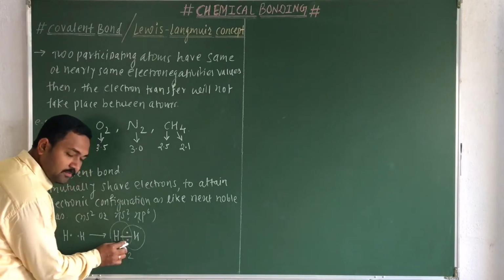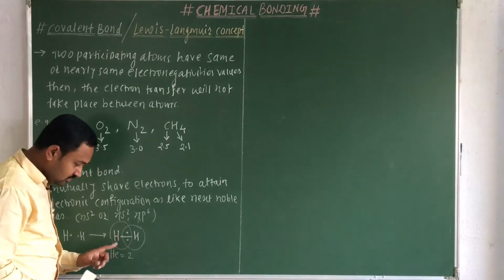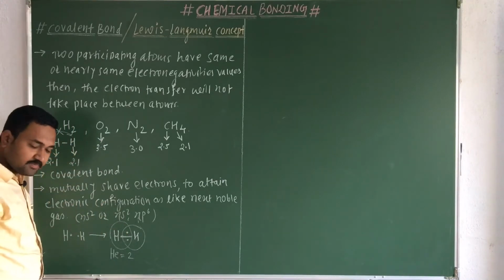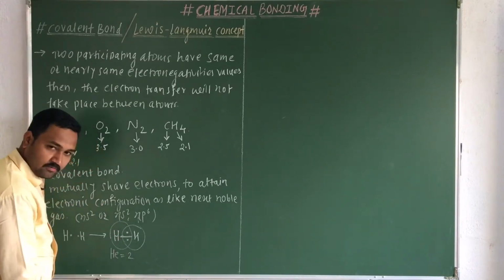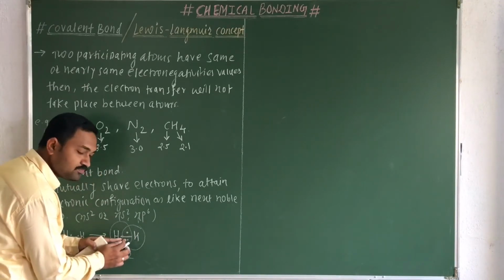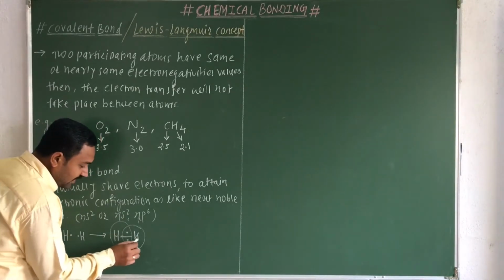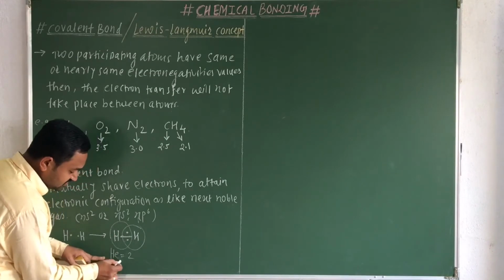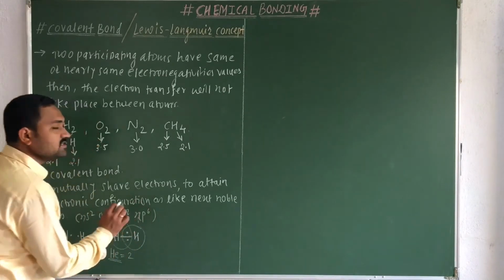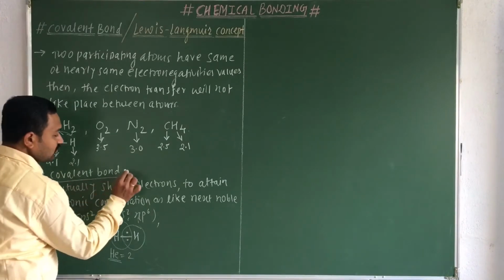So this hydrogen atom has 2 electrons and also achieves the stable electronic configuration like the noble gases. These bonding electrons are also known as the bond pair, or the shared pair, and this shared pair of electrons is shared between the two atoms. Both atoms have a claim on both the electrons. So both hydrogen atoms achieve the stable electronic configuration like the next noble gas, helium, and this leads to the formation of a new type of bond, known as a covalent bond.